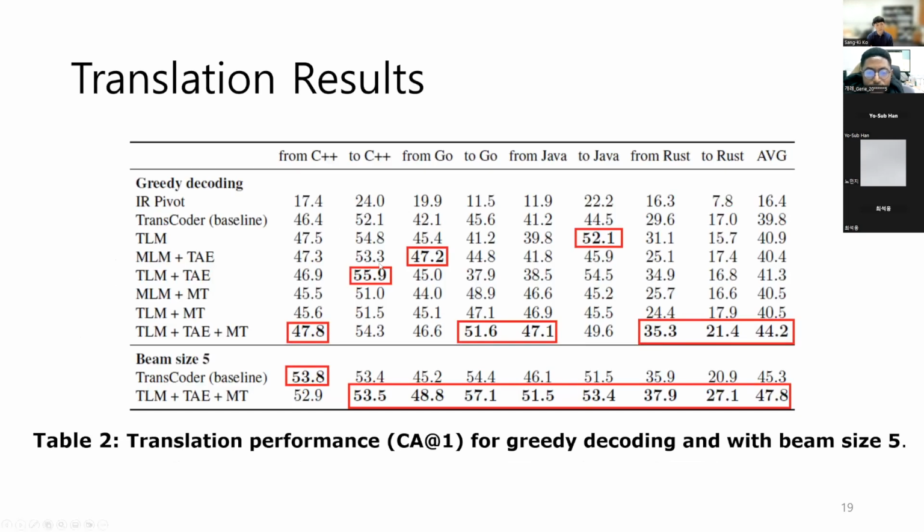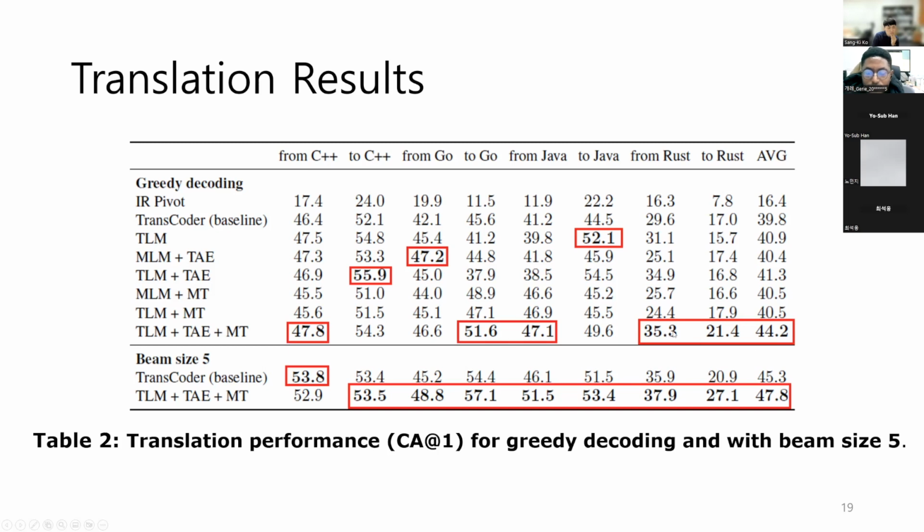These are the translation results. If we see these results, the objectives or the translations which have augmented IR representation are dominating.